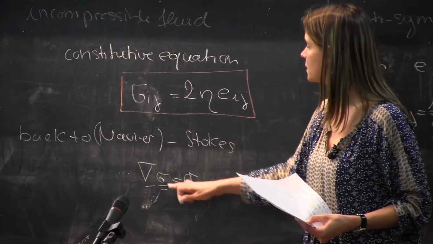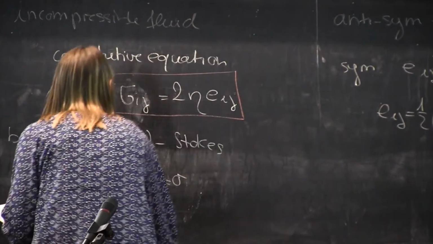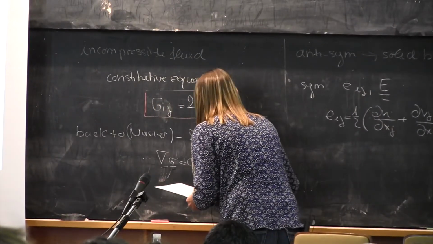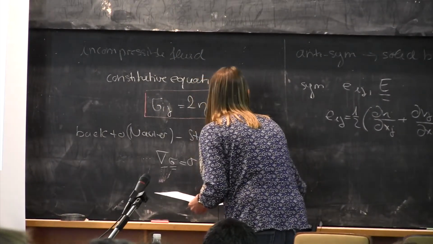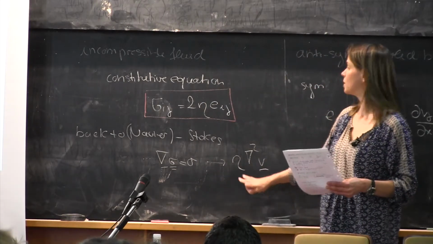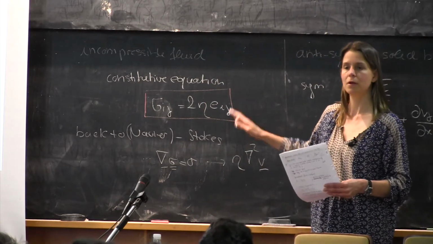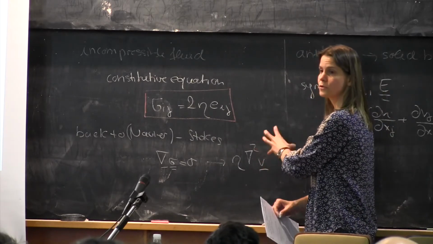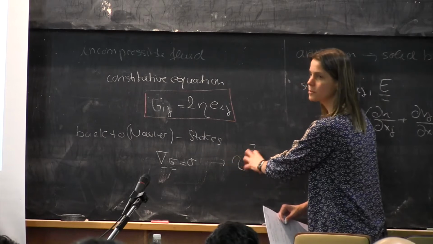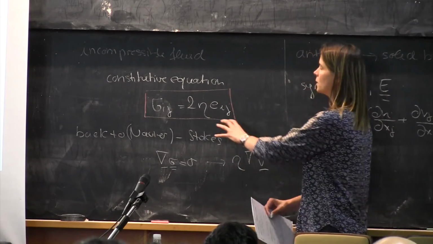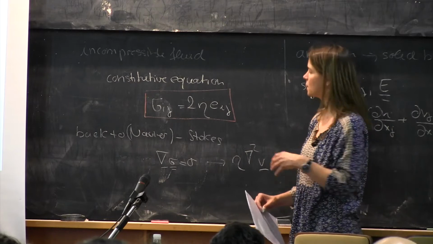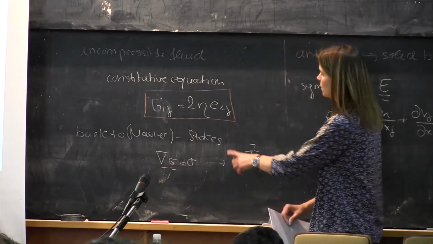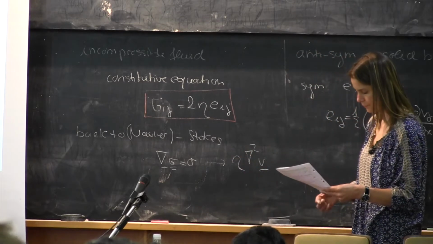But if you replace this by the other form, in terms of the viscosity and the velocity, this is only valid if you have this constitutive equation. So be careful when you deal with non-Newtonian fluids not to start from this version of the Stokes equation and try to replace the viscosity by something strange. If you have a dependence of the viscosity on the shear rate or something like this, you have to start from a formulation where you actually have the stress tensor in there and not already the viscosity.